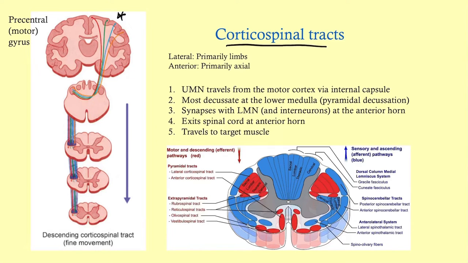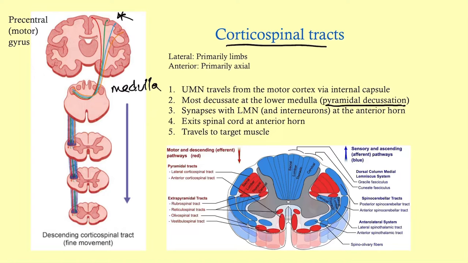So here we're starting at the precentral gyrus, the motor gyrus, motor cortex. So our first neuron comes from the precentral cortex, and we come down to the medulla, and we cross at the medulla. Okay, so that decussation is called the pyramidal decussation, and it's at the lower medulla.